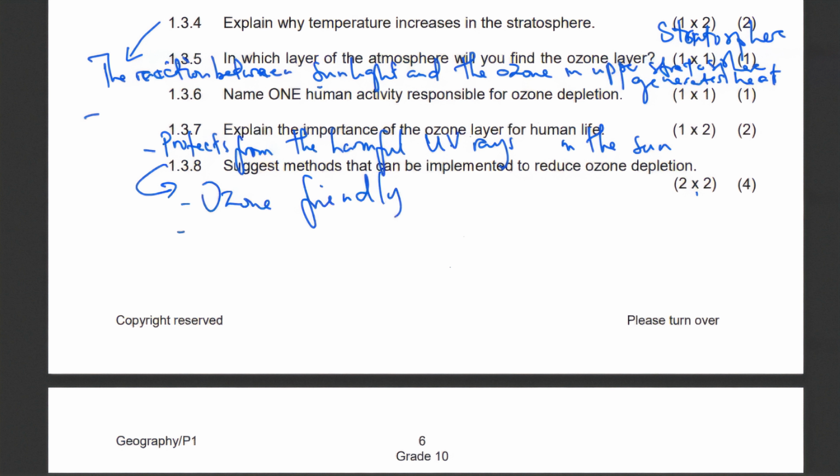And also we must replace CFCs, or chlorofluorocarbons releasing substances, must be replaced. Then we can also plant trees. Planting more trees can also help. Then we can also look at other activities like use of public transport.